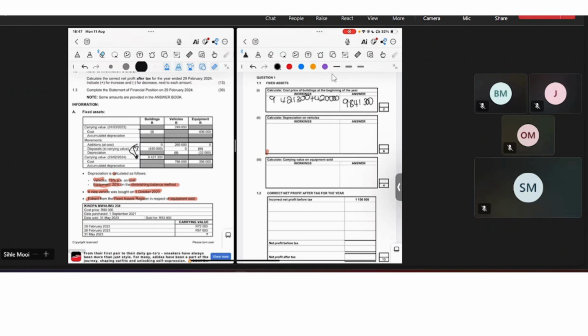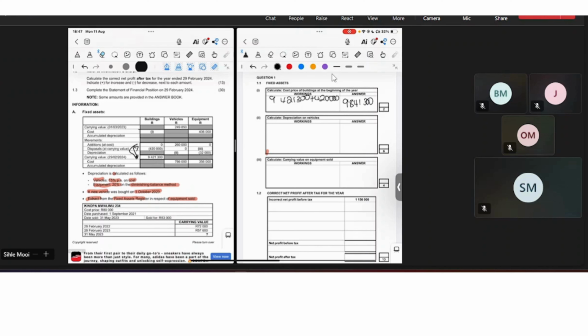Are you caught up now, Octavia? Oh, yes, yes. But where did we get the first one for the calculation for the building in the beginning of the year, is it 9,421,000 plus 420,000? Where did you get this from?